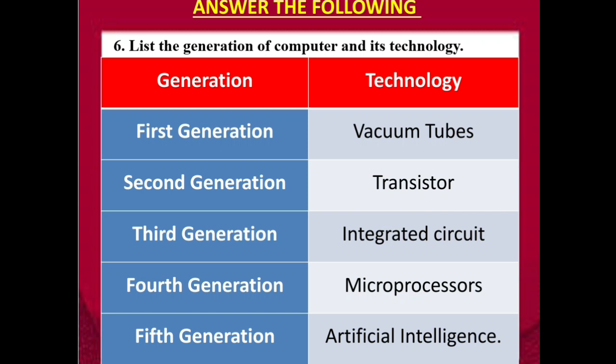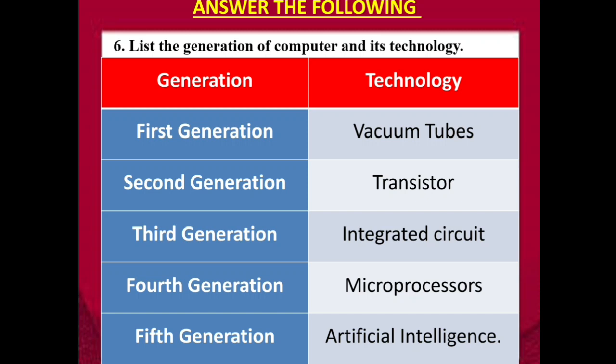In the first generation they used vacuum tubes. In the second generation, transistors. In the third generation, integrated circuits. In the fourth generation, microprocessors. In the fifth generation, artificial intelligence.